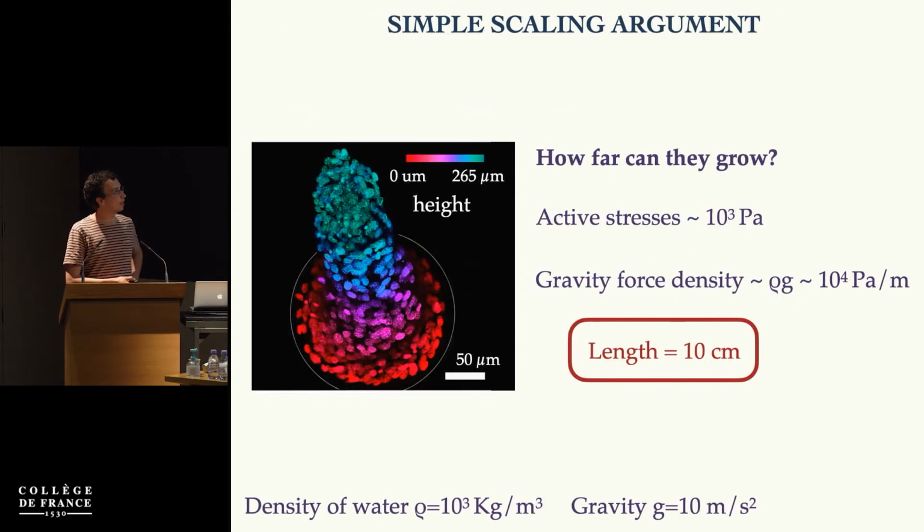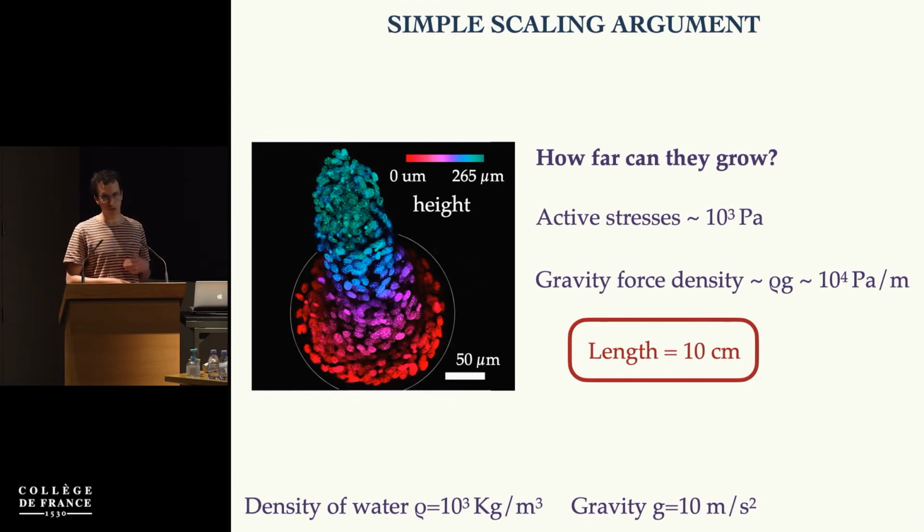We know the amplitude of the active stresses for this mechanism. Now we need to think about what could be the stalling mechanism. And here there are many candidates. For this talk, I was very naive, and I simply considered that the stalling mechanism is gravity in dry mediums, for which we know an estimate of the effect of the forces because we know the density of cells and the gravity constant.